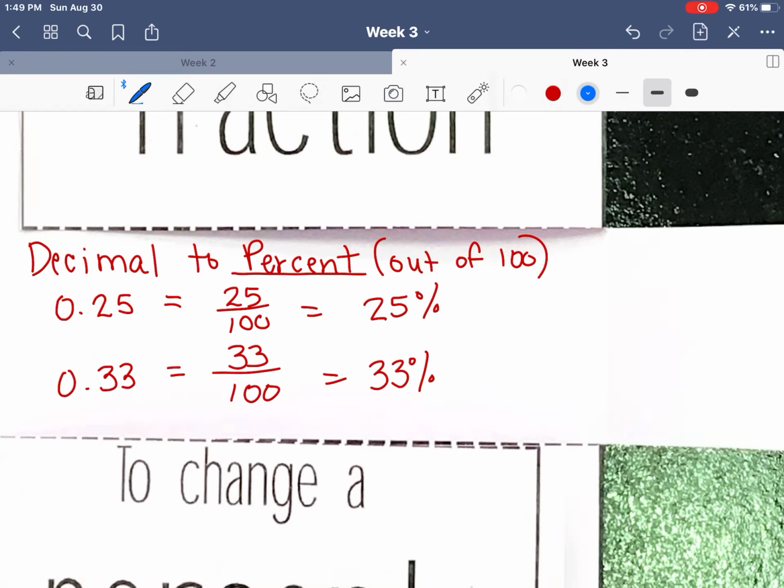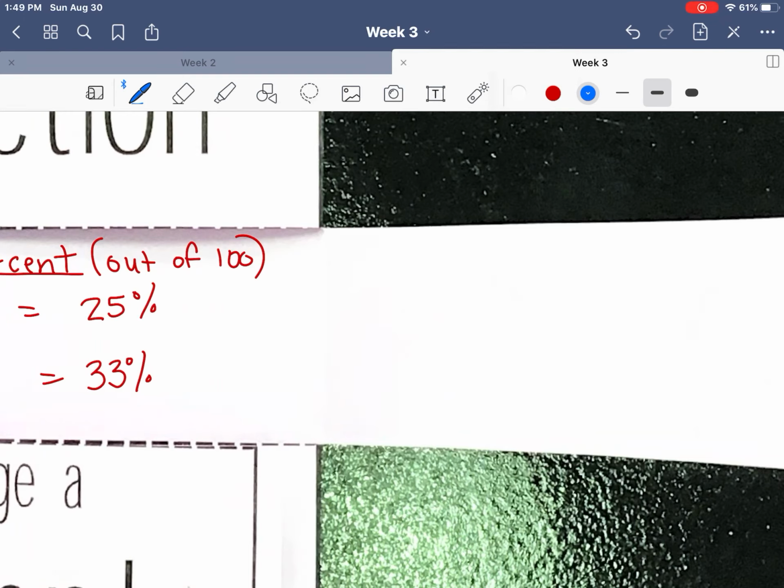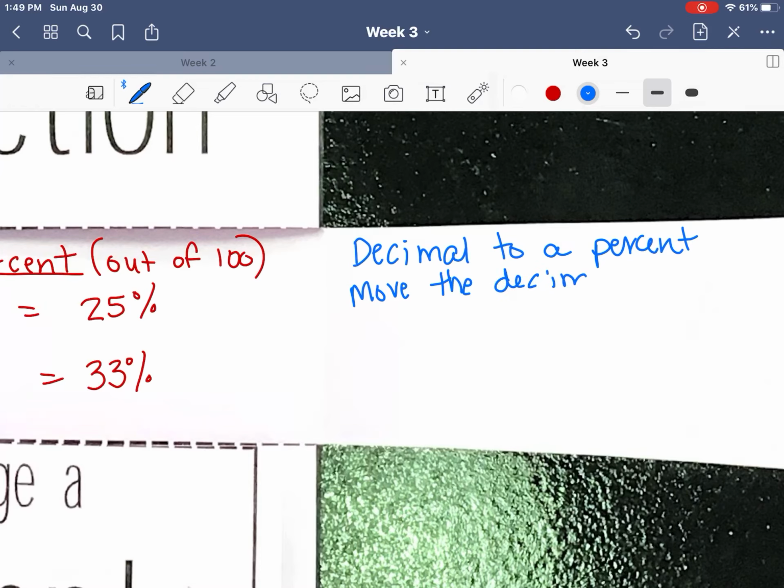If you pay close attention to what we've been doing here, all we've really been doing is moving the decimal place over 2 spots. So to change a decimal to a percent, you simply move the decimal 2 places to the right.